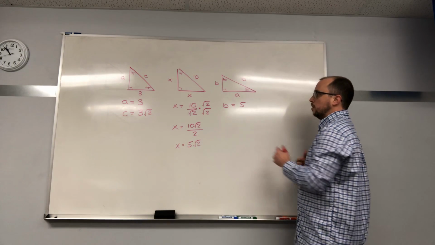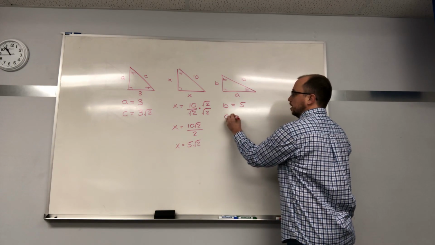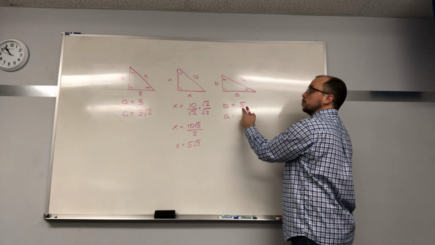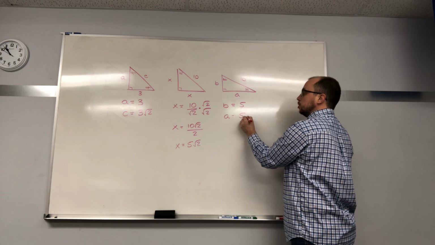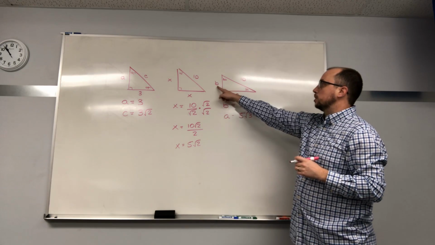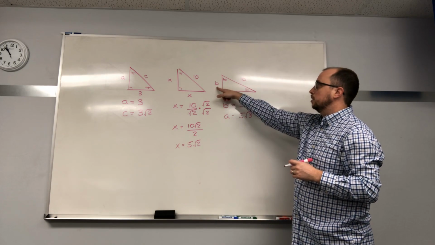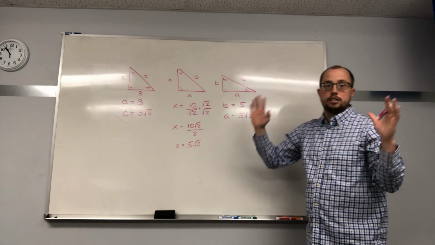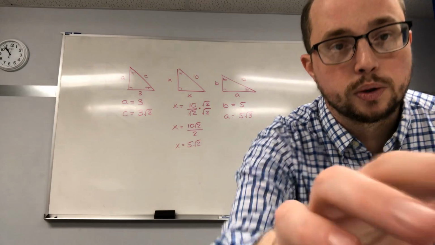That works, right? And then A is pretty easy then, because the short side, 5, multiplied by square root of 3 should give me A, right? So 5 is the short side, because it's half of 10. Multiplied by square root of 3 should give me A, 5 square root of 3. Done. Easy peasy. Lemon squeezy.